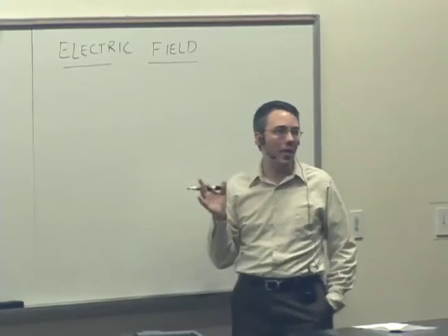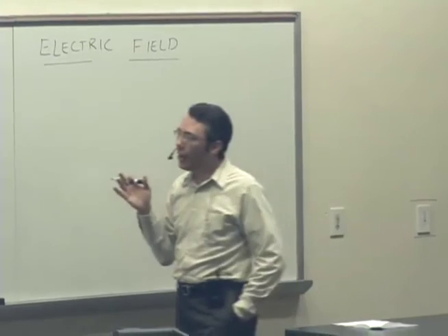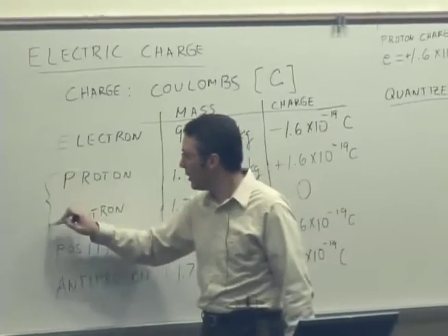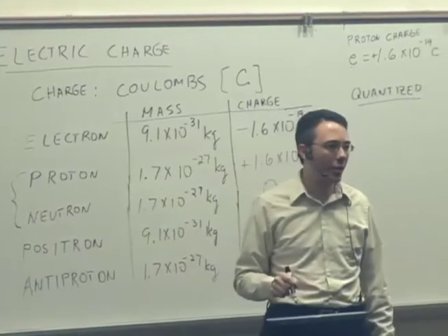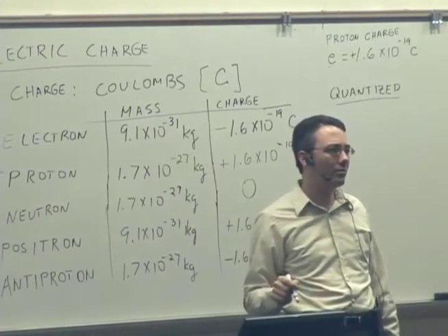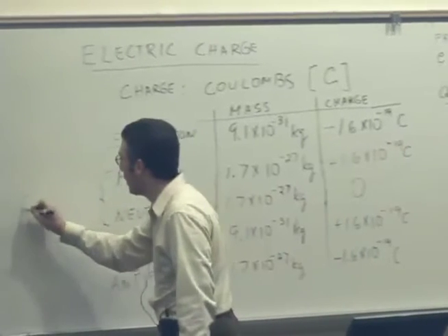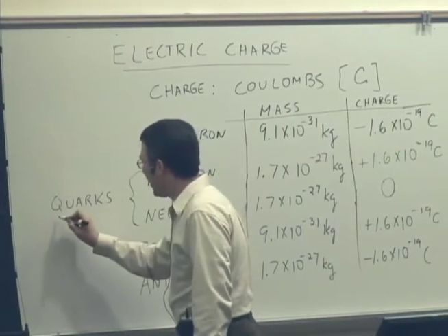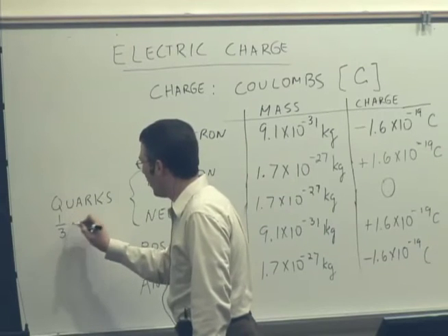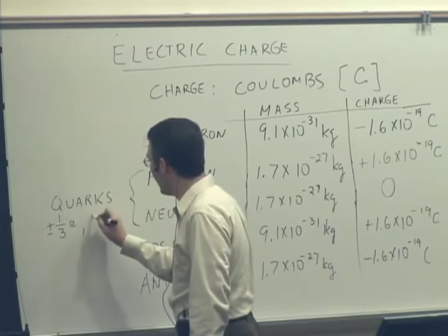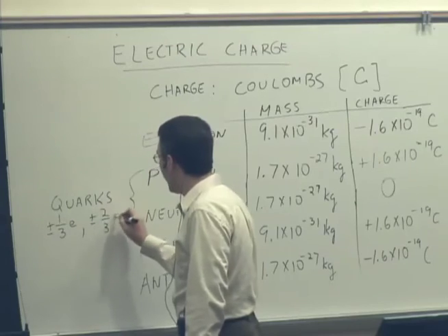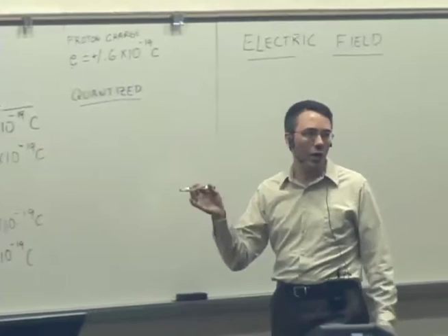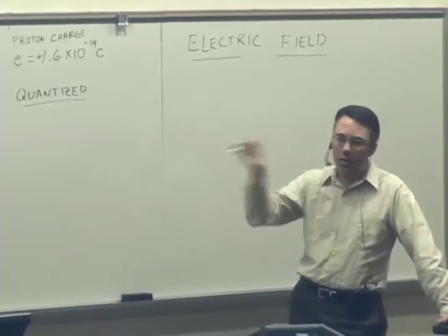It turns out that there are particles that make up protons and neutrons, composed of constituent particles which are called what? Anybody know? Quarks. Yeah, these are made of quarks. And quarks can actually have charges of plus or minus 1/3 e or plus or minus 2/3 e, but the caveat is that no one's been able to find a quark isolated from other quarks.